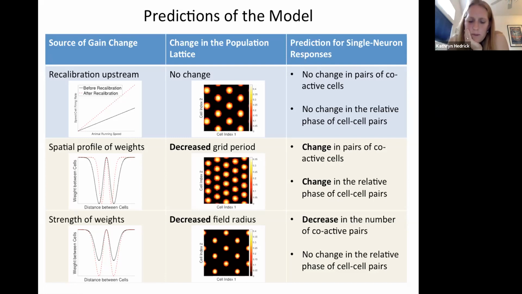I have done some robustness studies, in particular for the Mexican hat weight tuning curve, because that is the simplification of the grid cell model that I'm particularly interested in. It is fairly robust to changes in L, this shift parameter, and in the strength of the weights.